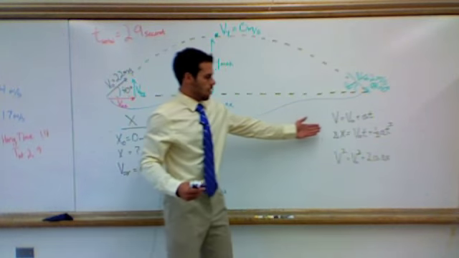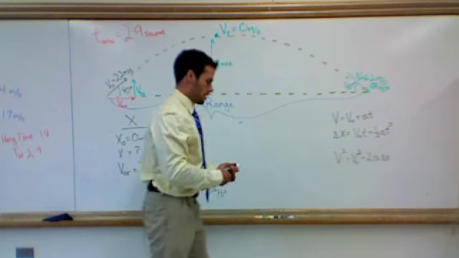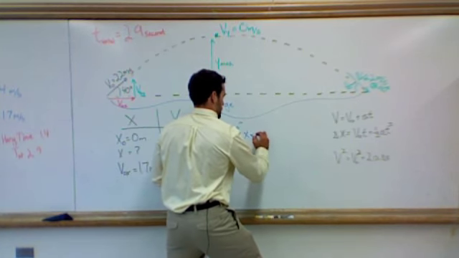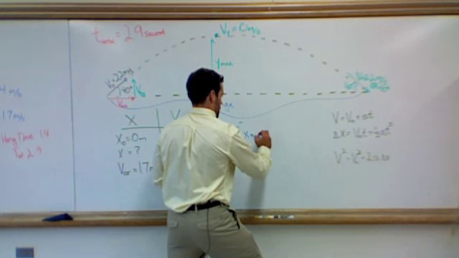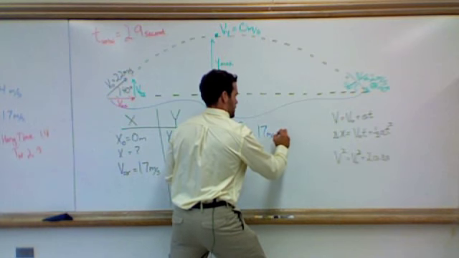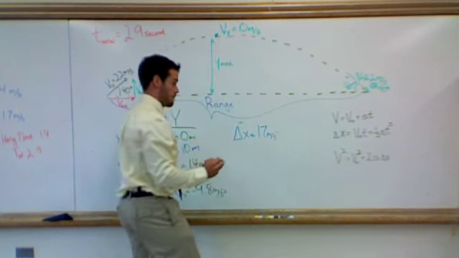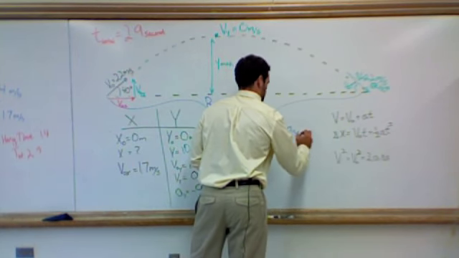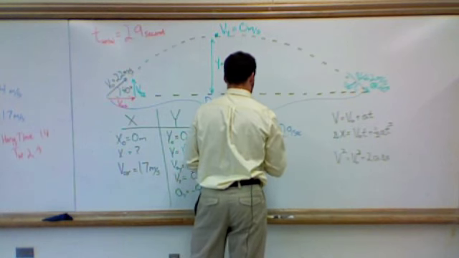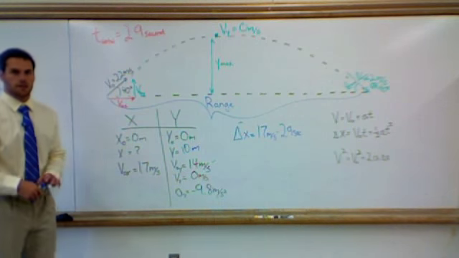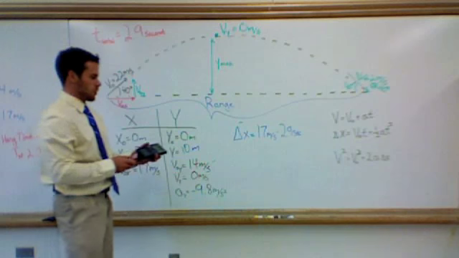We can use our distance equation here. So our change in position is equal to our initial velocity, which is 17 meters per second, multiplied by the time, 2.9 seconds. This will give us an answer of 49 total meters.